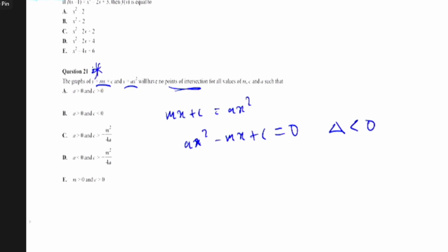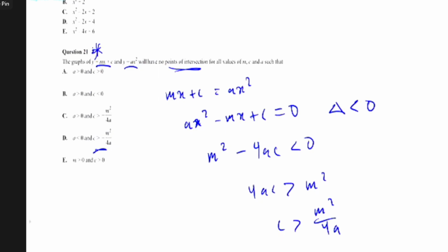Discriminant is b squared minus 4ac. Here b is minus m. So b squared is m squared minus 4 times a times c, and that has to be less than 0. We're looking for something in terms of c. So 4ac is greater than m squared, c is greater than m squared on 4a.